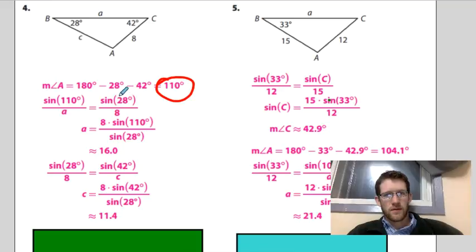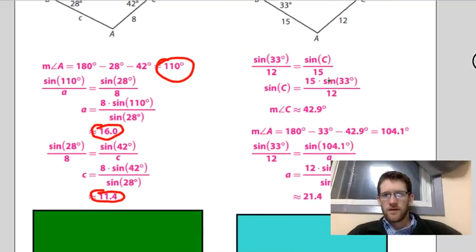You can either solve for side C first or side A first. Regardless, you should have the sine of 28 degrees over 8 somewhere in there in order to solve for both of those. So that gives us A is approximately equal to 16. When you solve for side C, you should get approximately 11.4.